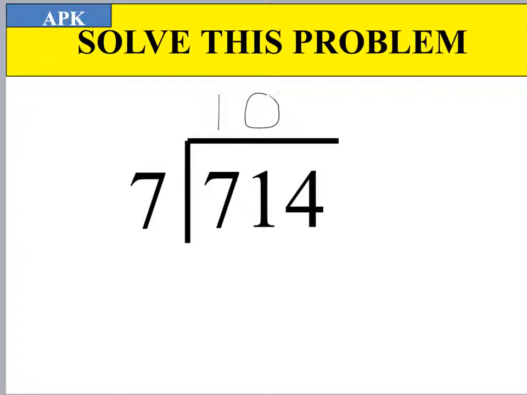So we put a 0, and then we put our leftover, that 1, next to the ones house. It's still a 10 then, because it is 10 being moved into the ones house. And so now you can see we have 14. That's the 10 and the 4 ones making 14. So now we go 14 divided by 7. We can do that, that's easy. 2. Knowing our times tables helps us. Our answer for that was 102. Did you get that?